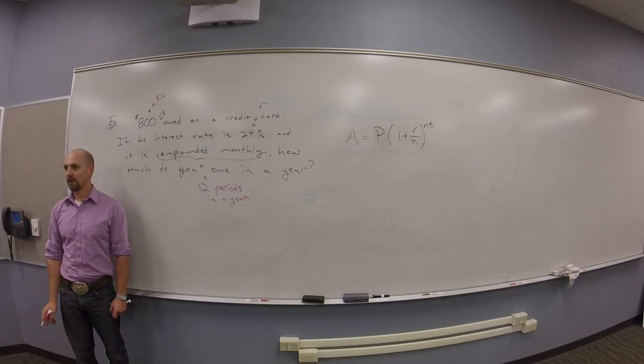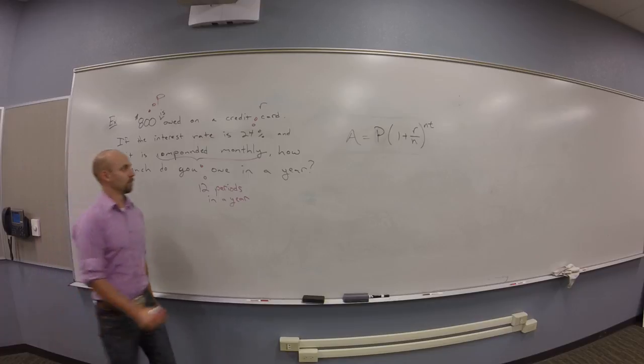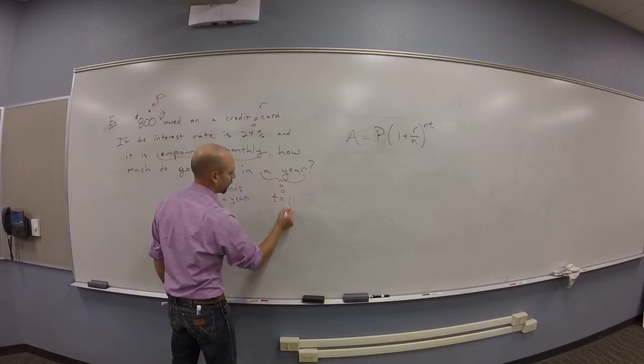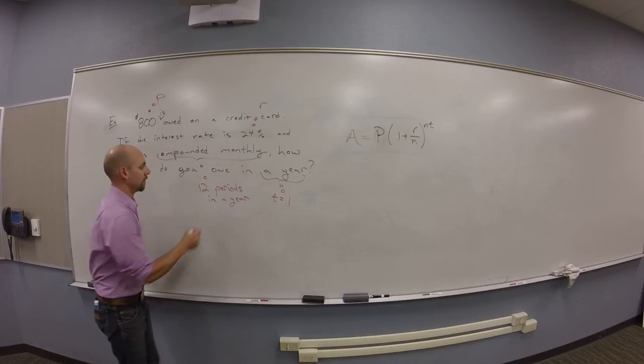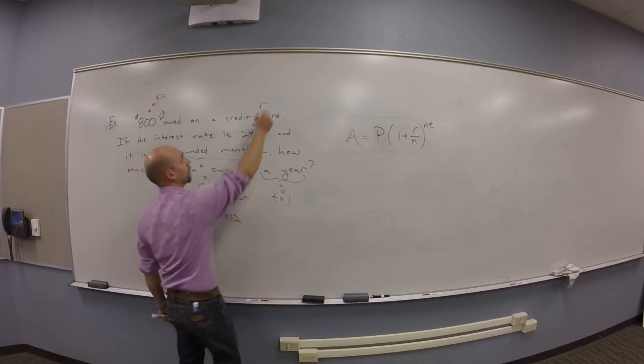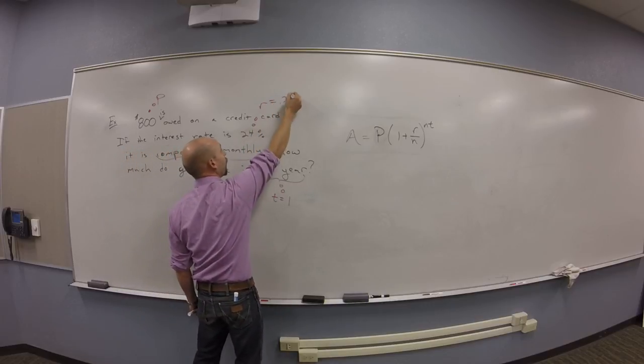You guys see that? Now, what's my time frame? A year, right? So this object here is my t. So t is 1. This thing here is saying n is 12. And r was really 0.24.